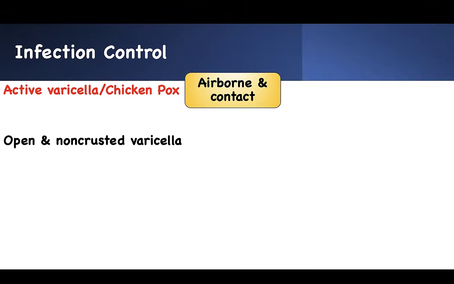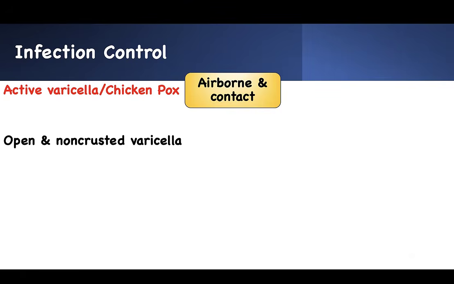If they use the words open and non-crusted varicella, open means the vesicles are broken and the individual is shedding the virus. That's a problem. An open varicella or chickenpox is an active infection, and non-crusted is also an active infection.